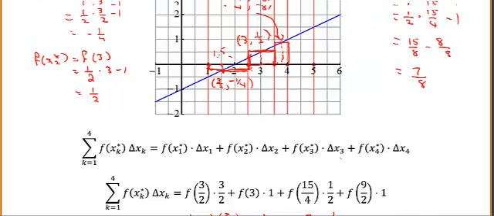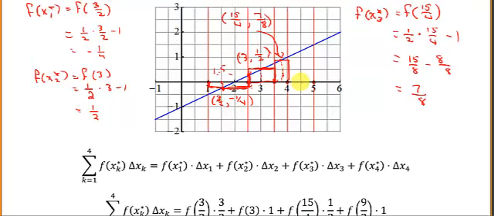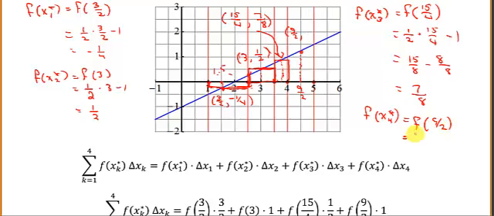Okay, and then finally the last one, we're at 9/2. So this is going to give me the point up here, 9/2, and then f of x sub 4 star is f of 9/2. That'll be 1/2 times 9/2 minus 1, or 9/4 minus 4/4, which is 5/4.